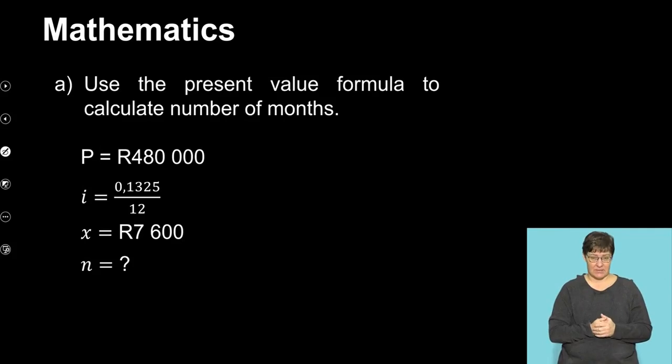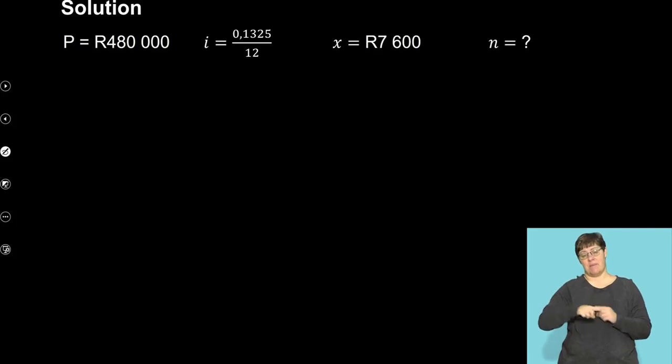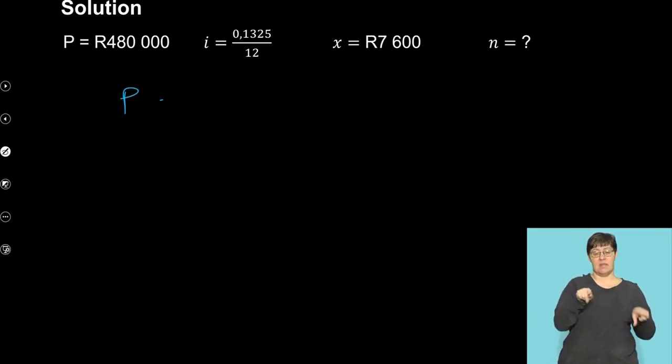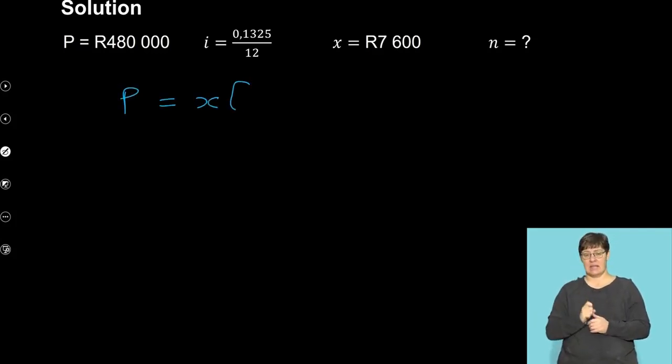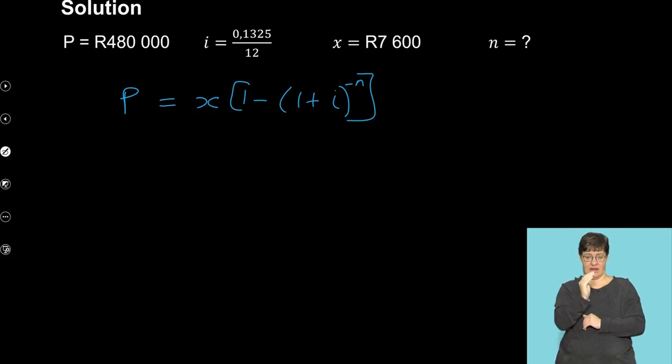Now, we're going to use the present value formula to do this. P is 480,000, i is the interest rate, and x will be the monthly payment. So I will say P equals x times 1 minus 1 plus i to the exponent of negative n, all of this divided by i.